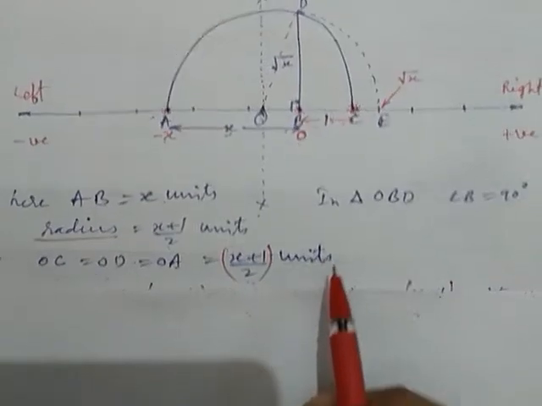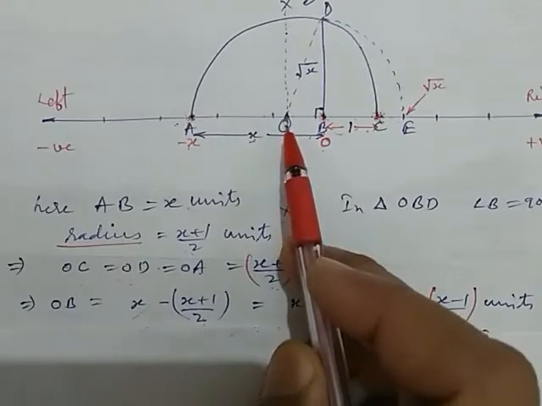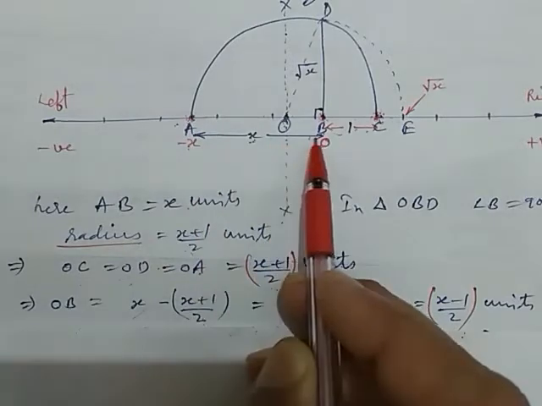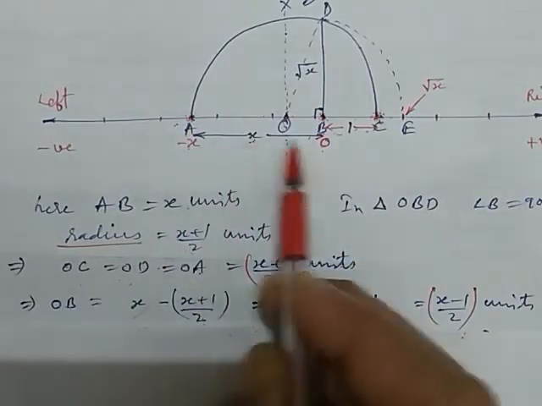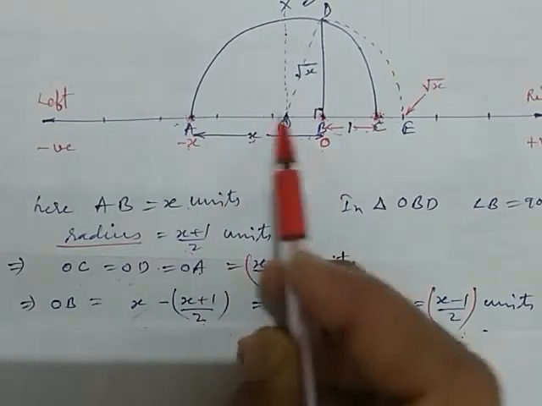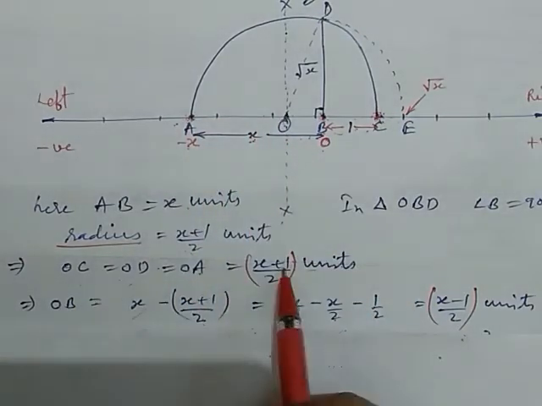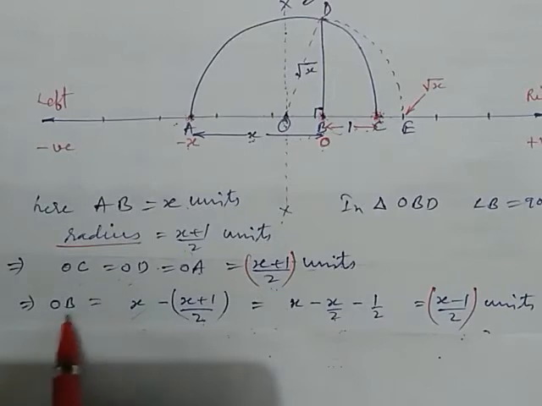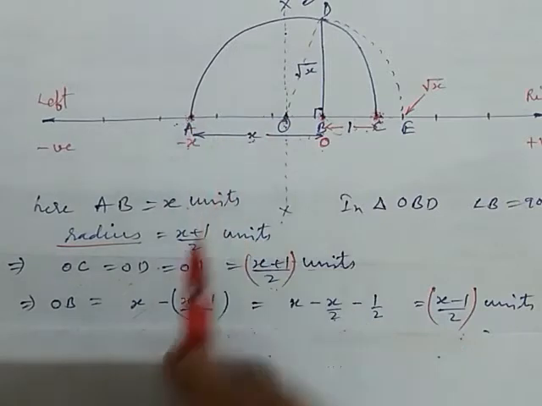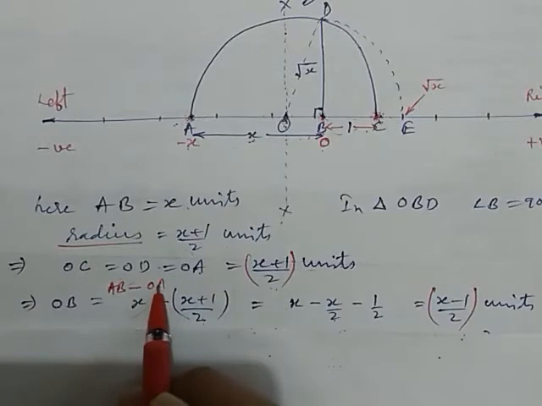Now check. We want to get OB. Here AB is x, and we want to find OB. So from AB we subtract OA, and OA is x plus 1 by 2. OB can be written as AB minus OA.